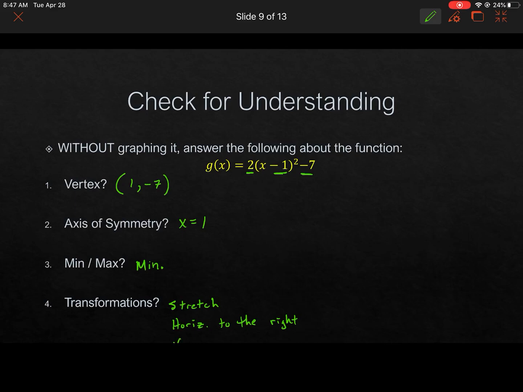And it's been shifted vertically down 7 units. And I probably should have indicated shifted to the right 1 unit. Okay, so make sure you're able to describe all those transformations just by looking at the function itself.